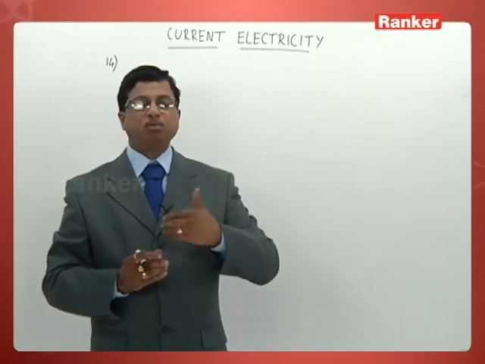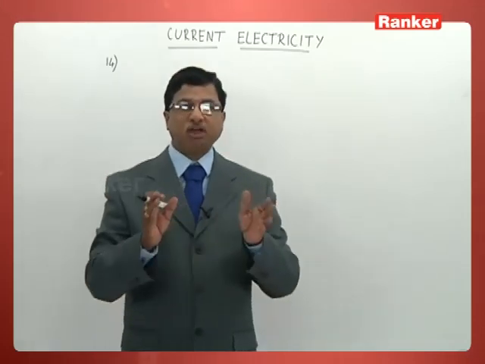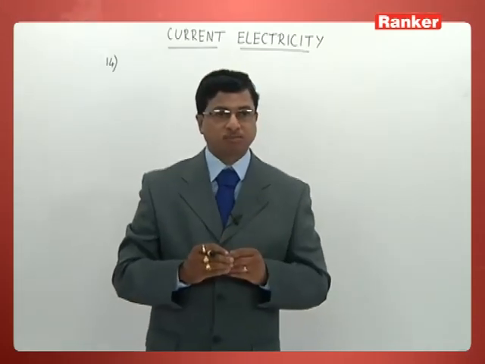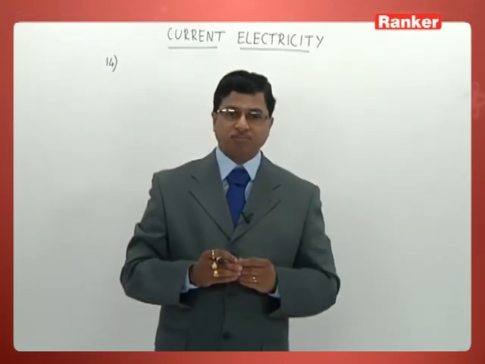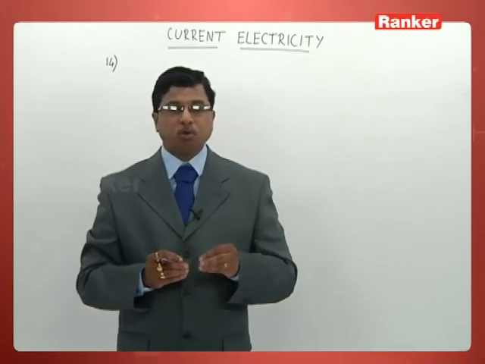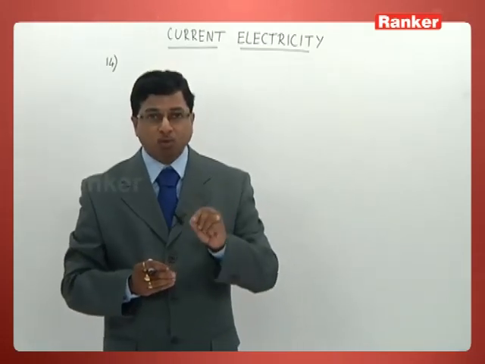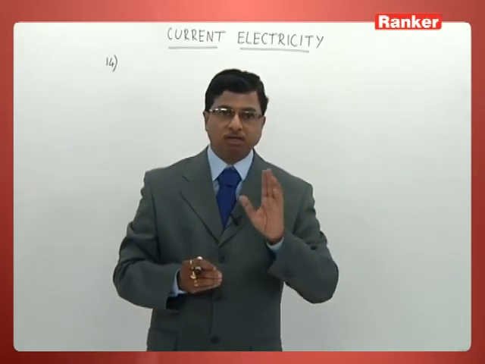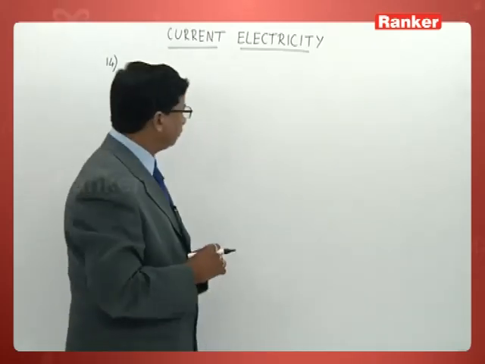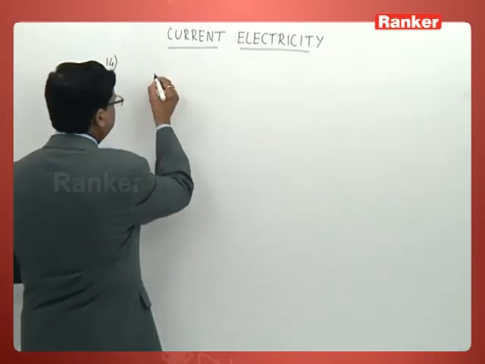But what is the problem given? Let us just draw a small circuit for that. A 4 microfarad capacitor and a resistance of 2.5 mega ohm are in series with a 12 volt battery. That is the concept. Look at this one carefully first.